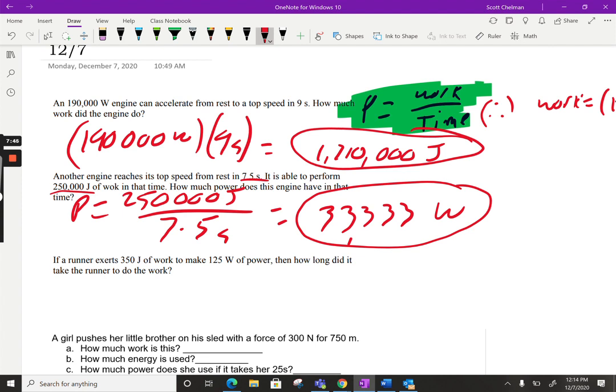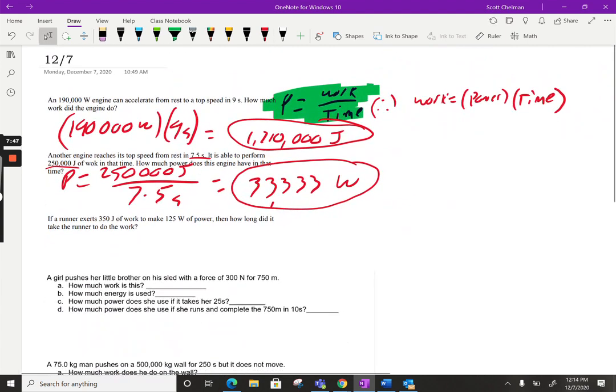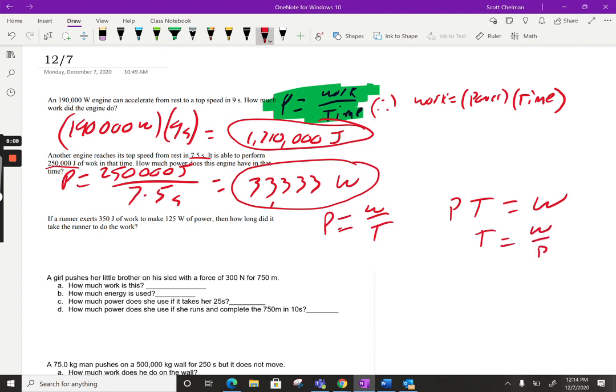Now, here's the other way that you can do it, right? Is to solve for time. So power is work divided by time, and power times time equals work. Then work divided by power, right? Are you with me? Okay, so time is work divided by power.